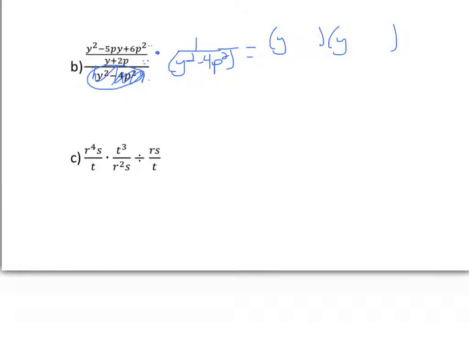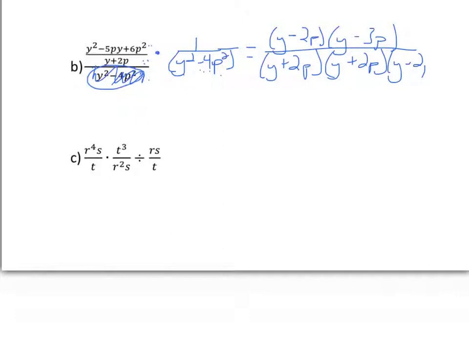What's probably going to be best here is negative 2p and negative 3p. That'll get us where we need to be, multiplied by 1, so it just stays the same. On the bottom, we have a difference of two squares, so it'll be y plus 2p, y minus 2p.